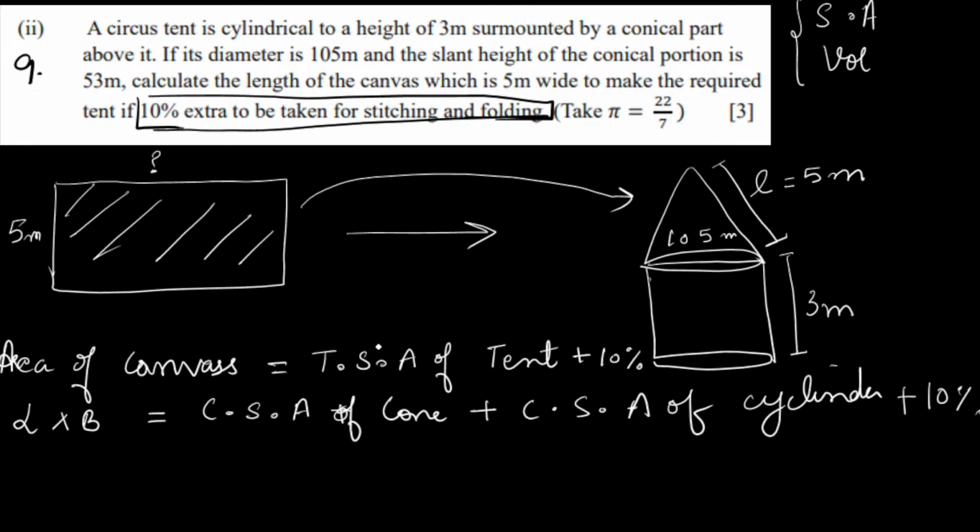I hope it's clear. Only curved surface area we have to add, because the tent doesn't have any base, so only the curved part we take. So the total surface area will be curved surface area of cone plus curved surface area of cylinder. What's the formula of curved surface area of cone and curved surface area of cylinder?